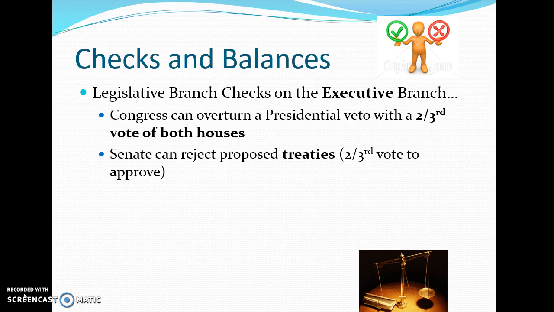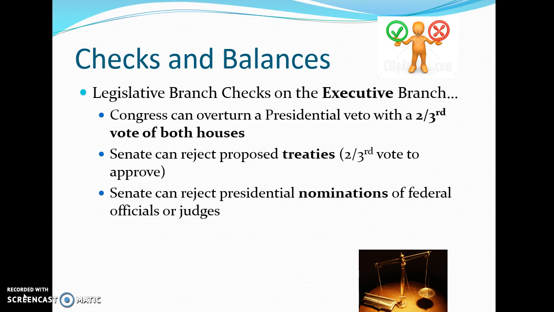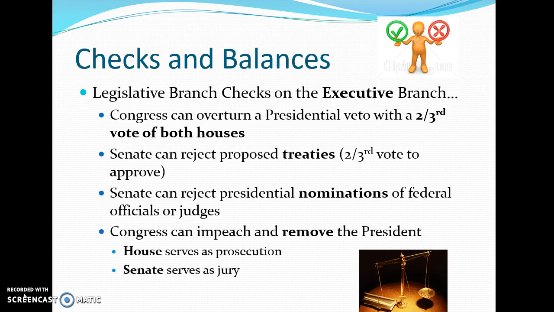The Senate can reject proposed treaties with a two-thirds vote to approve. The Senate can also reject presidential nominations for federal judges or officials. And Congress can impeach and remove a president. We already went over that the House serves as the prosecution and the Senate serves as the jury.